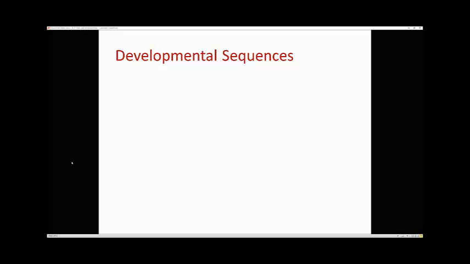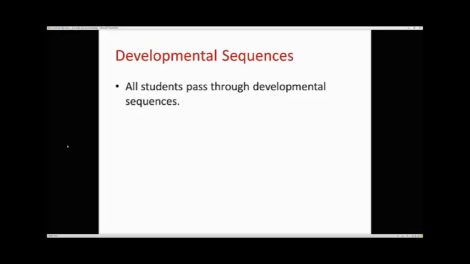Developmental sequences are another area I think that mark a difference between good instruction and good English learner instruction, and it's understanding that these sequences exist. And just to refresh your memory a little bit, all students are going to pass through these developmental sequences. If you're learning English as a first language or a second language, you're going to pass through different stages of development, and that just seems to be the way it is.